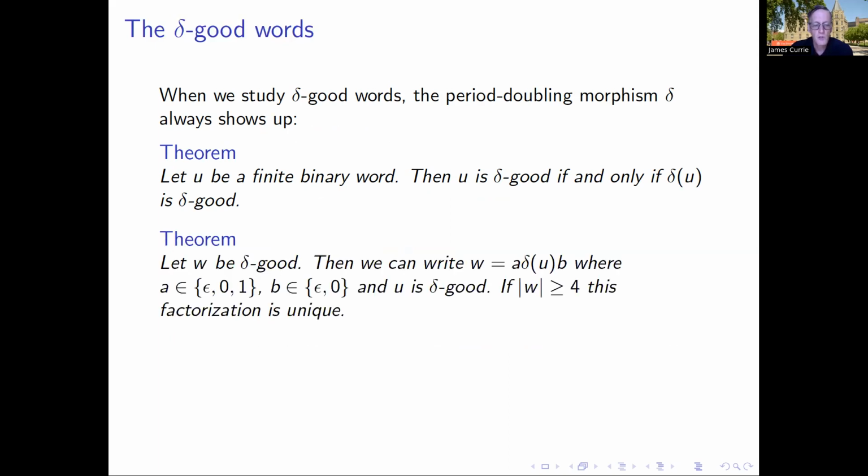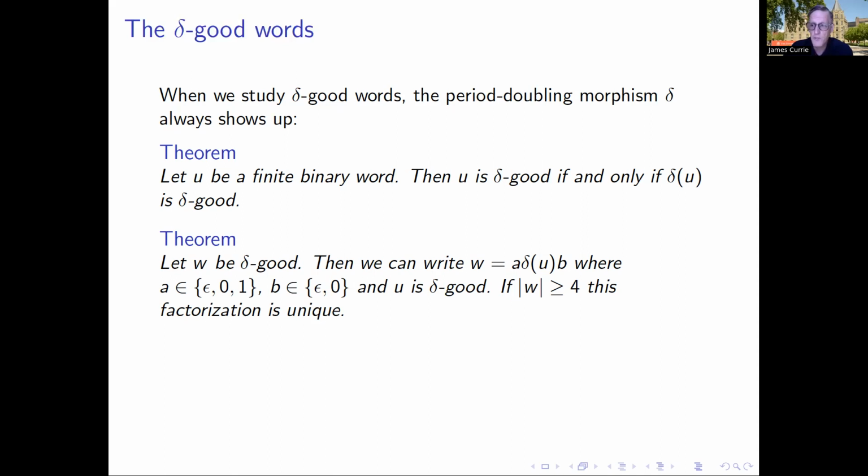If W is a finite delta good word, we can write it as A delta(U) B, where A is empty or a single letter, and B is empty or 0. And U has to be delta good. And if the length of W is at least 4, this factorization is unique.